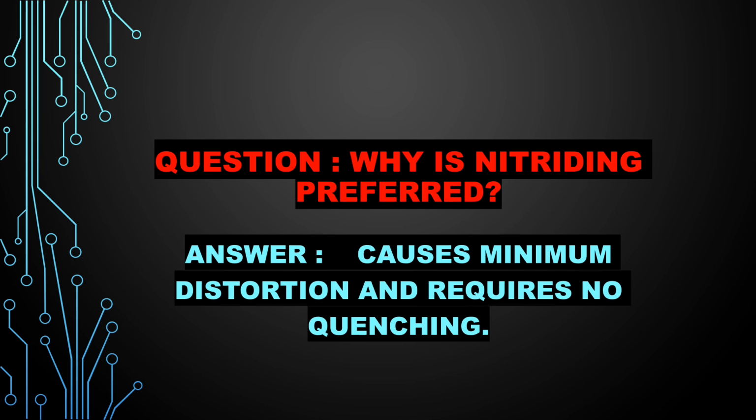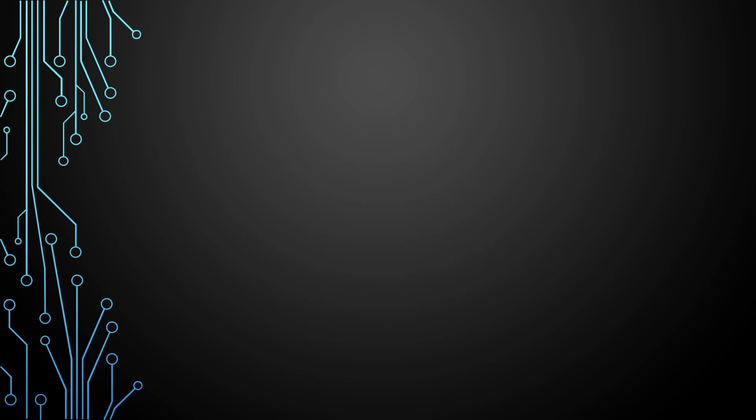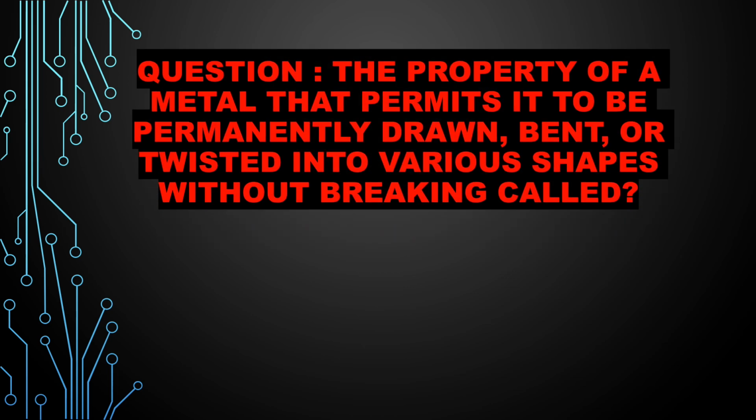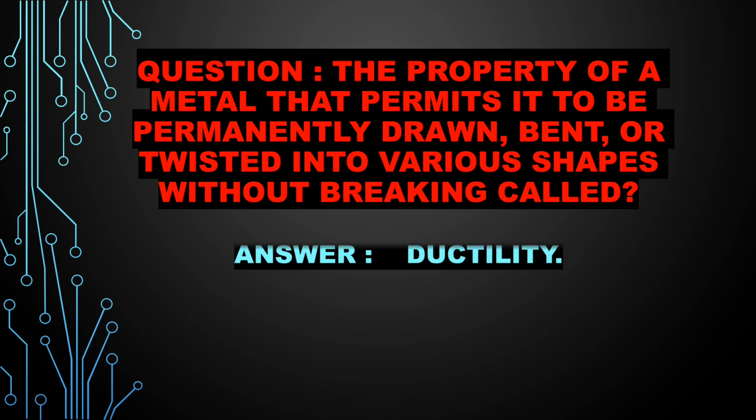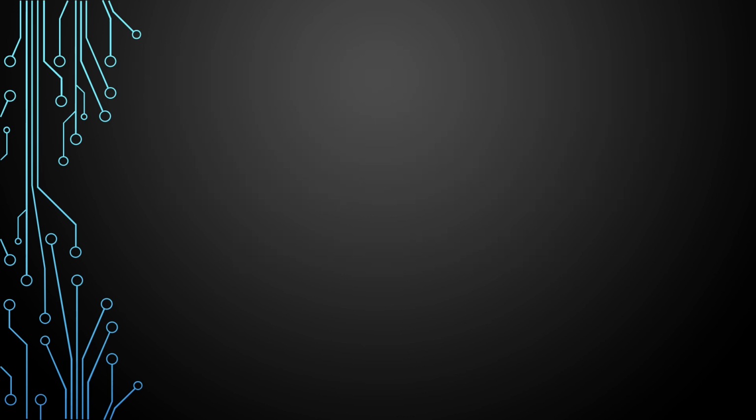Answer: causes minimum distortion and requires no quenching. Question: the property of a metal that permits it to be permanently drawn, bent, or twisted into various shapes without breaking is called? Answer: ductility.